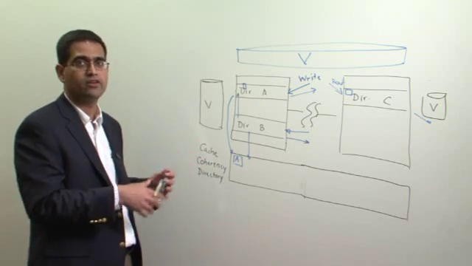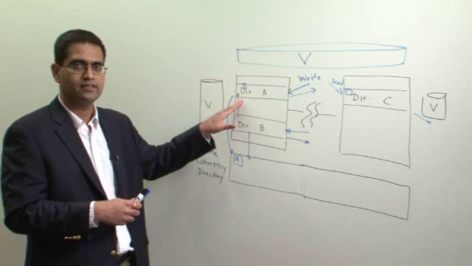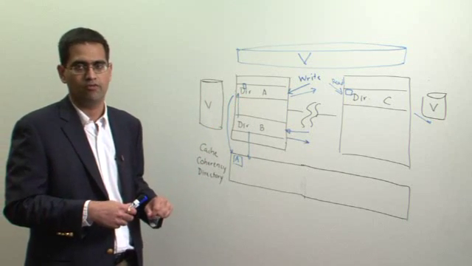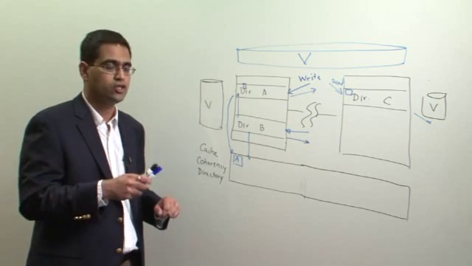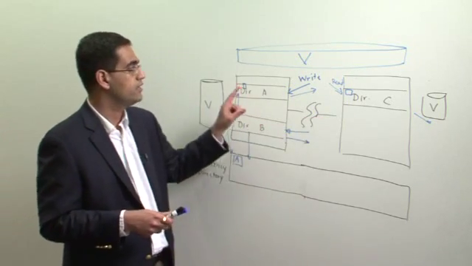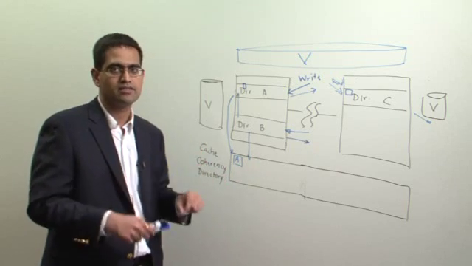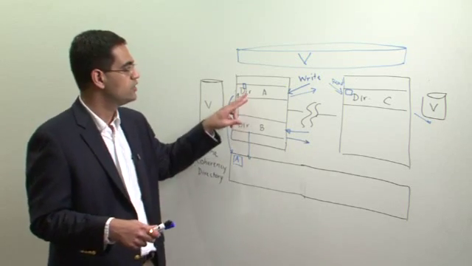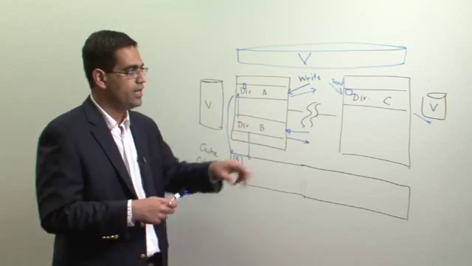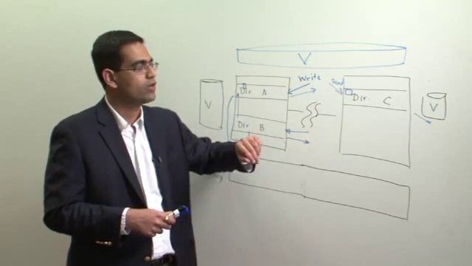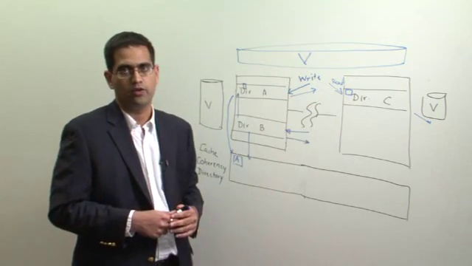Because with asynchronous, it has this option. In this case, it knows that data has not been flushed. And therefore, it has no choice but to say, fetch me that data from director A, in other words, return me a consistent copy of that data. So it will fetch that data from director A, make a record of it in the local cache, and return that data back to the host.